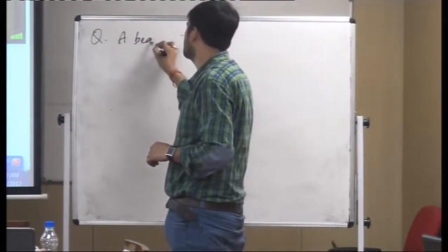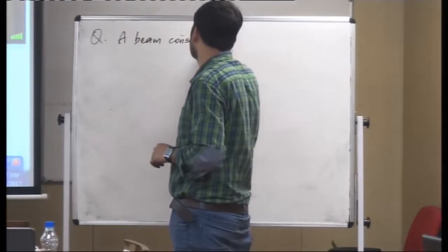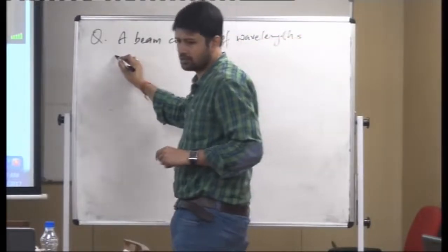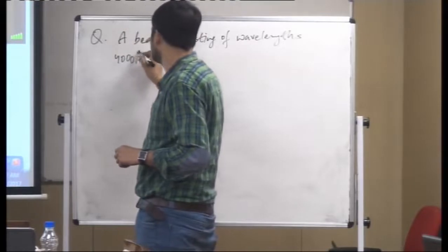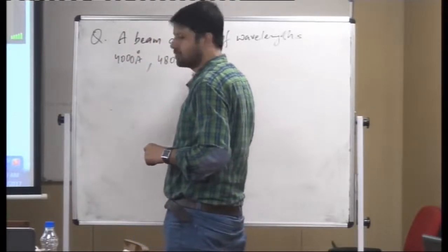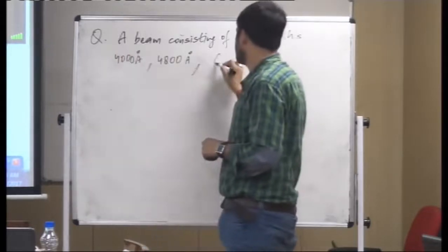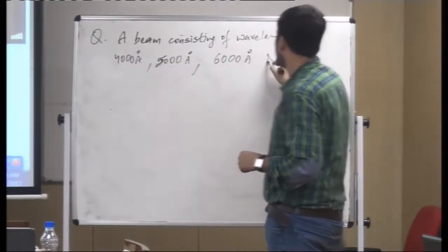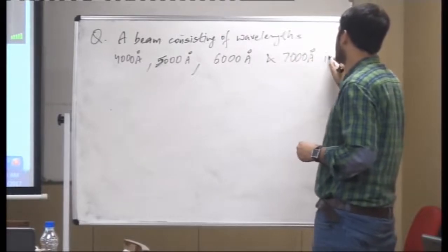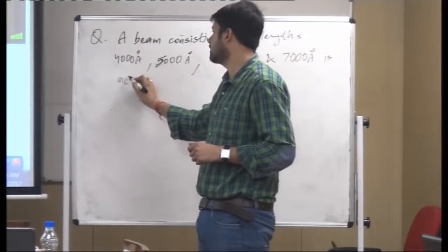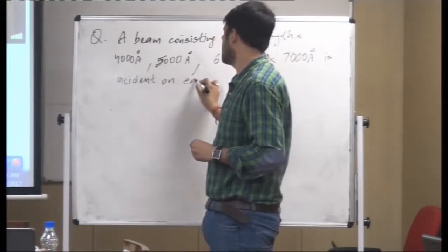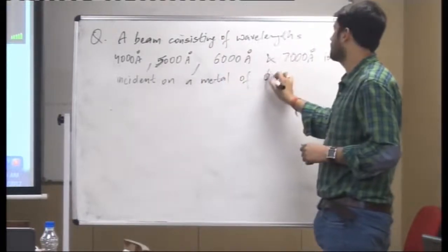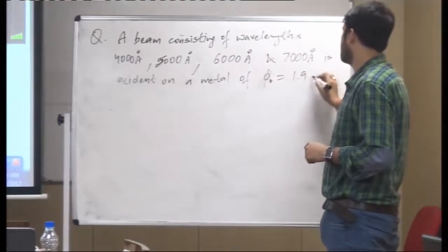A beam consisting of wavelengths 4000 angstrom, 4800 angstrom, right, take this as 5000 angstrom, 6000 angstrom and 7000 angstrom is incident on a metal of work function 1.9 electron volt.